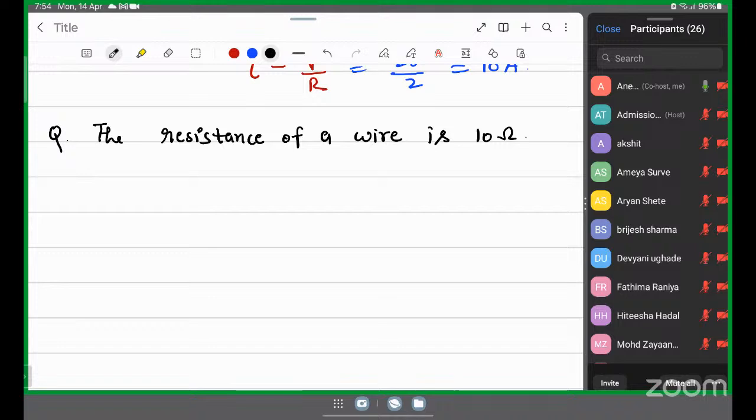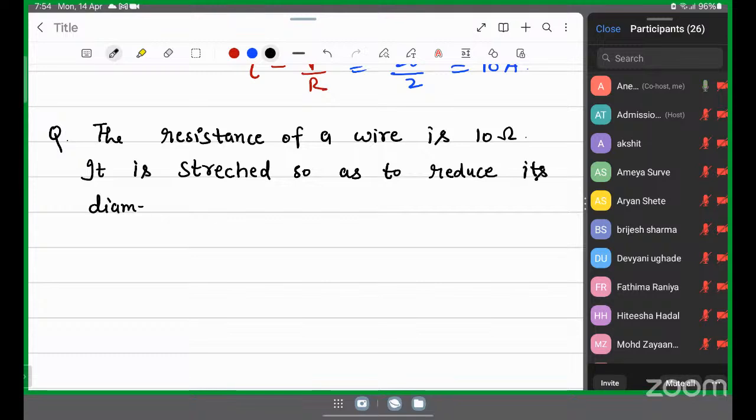It is stretched so as to reduce its diameter to half. The resistance of the wire will be now.